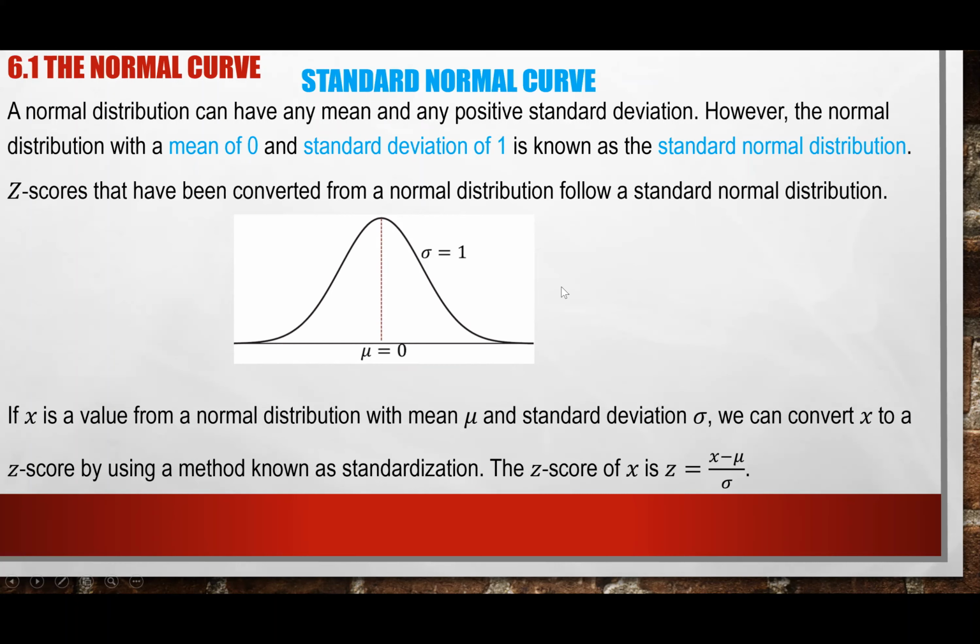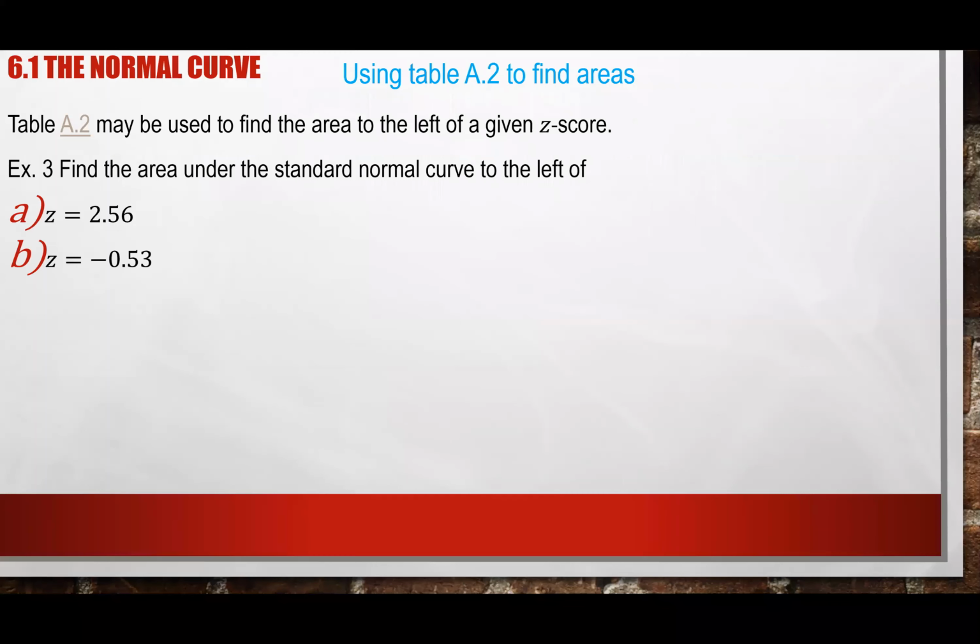So let's take a look at our goal and objective for today: we need to find the area underneath the curve. In this case, they ask you to find the area under the standard normal curve to the left of this z-score.